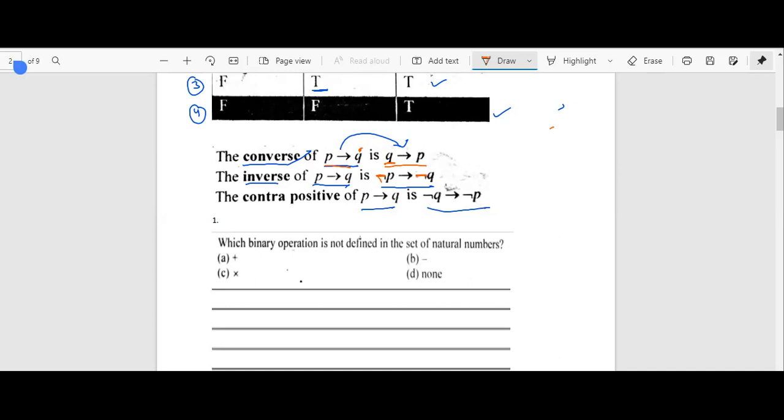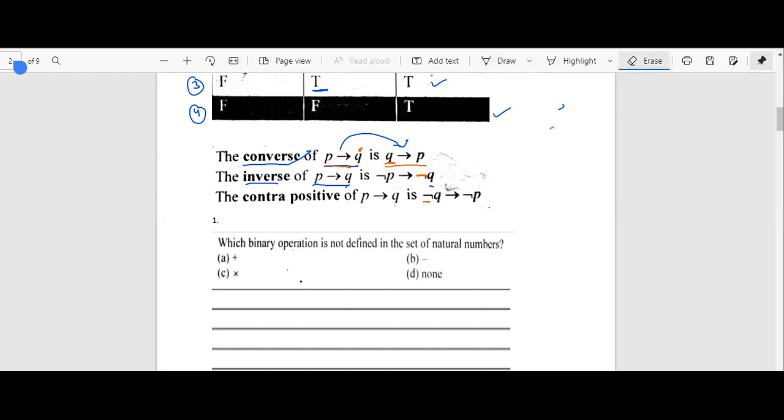And then the contrapositive statement: Q was after the arrow, and in the contrapositive statement, it is before the arrow. And then we have P, which was initially before the arrow, now it's after the arrow with a minus sign, right? So you have to learn it whatever way you are comfortable, just learn it, okay?